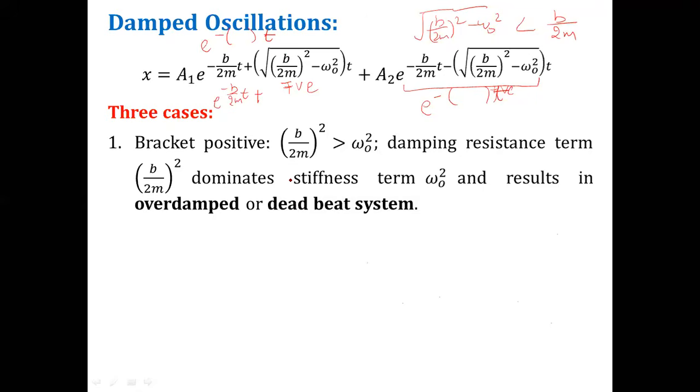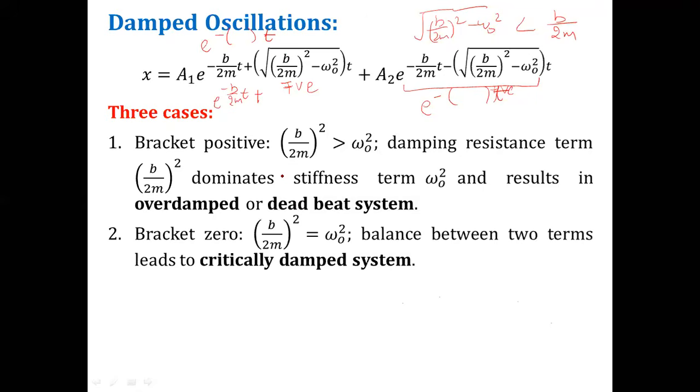Now, the second possibility is that if both of these terms are equal to each other, in that case, your solution would be something like a1 e raised to power minus b upon 2m t plus a2 e raised to power minus b upon 2m t.